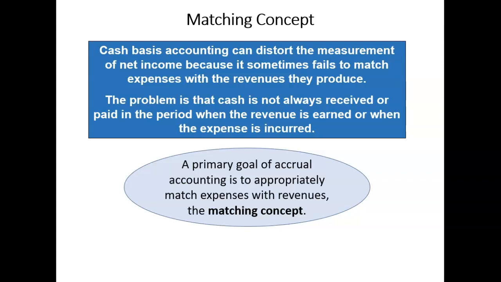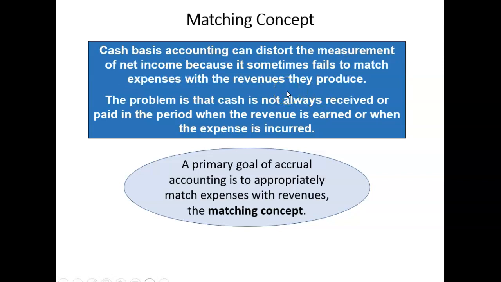We're saying any expenses incurred to earn that revenue should also be recognized in 2024, whether they have been paid or not. So the cash basis of accounting can distort the measurement of net income because it fails to match expenses with the revenue.